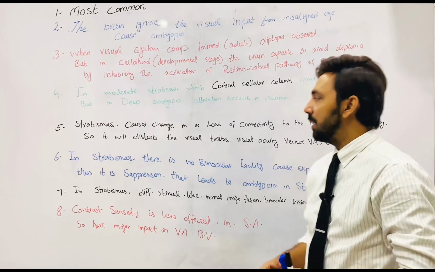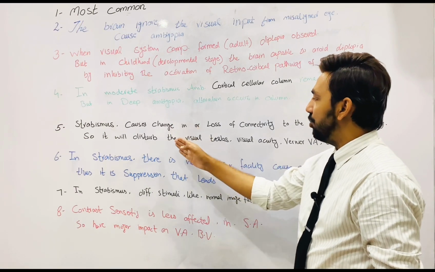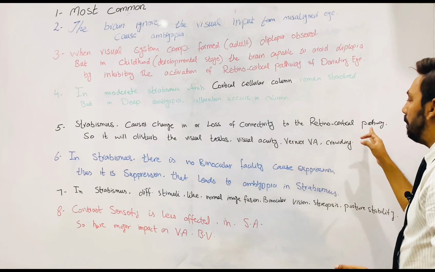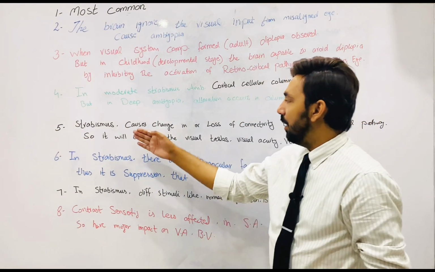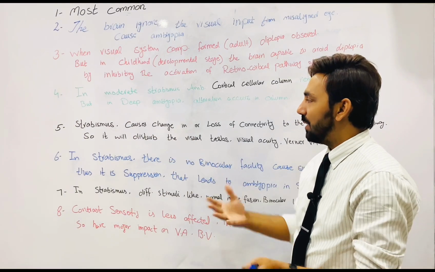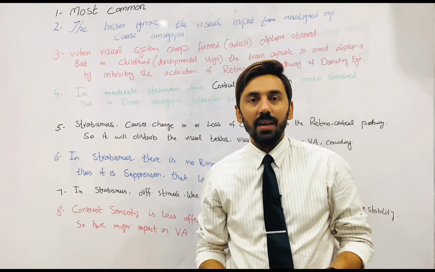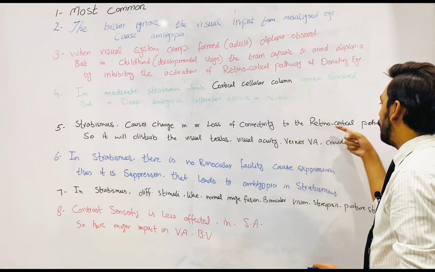And now the fifth point. The fifth point is saying that strabismus causes changes in or loss of connectivity in the retinocortical pathway. The same thing: if strabismus is there, if misalignment is there, that deviation in the eyes can cause loss of connectivity between the retinocortical cells.